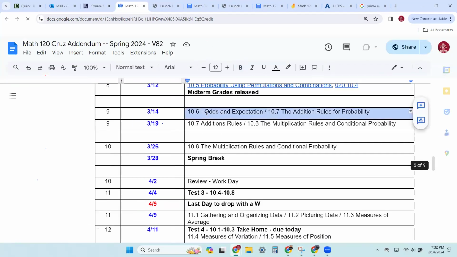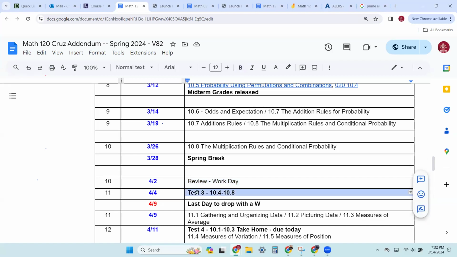So this is where we're at today. We'll probably finish everything even before this day here, which is the Tuesday before the break, 2 weeks from now, but I want to make sure we're going slow. We will finish before that break. And then after we come back, we'll have a work day to review everything. I'll go over that review and then the test.